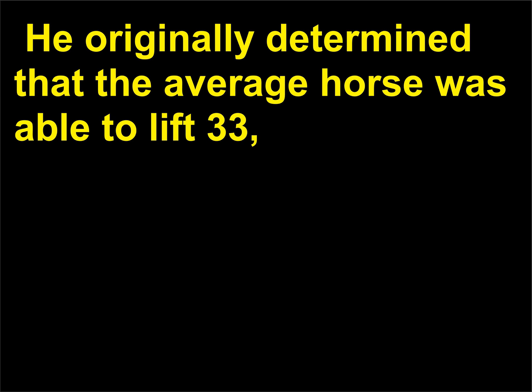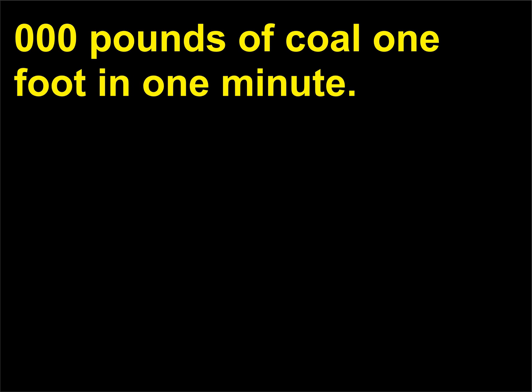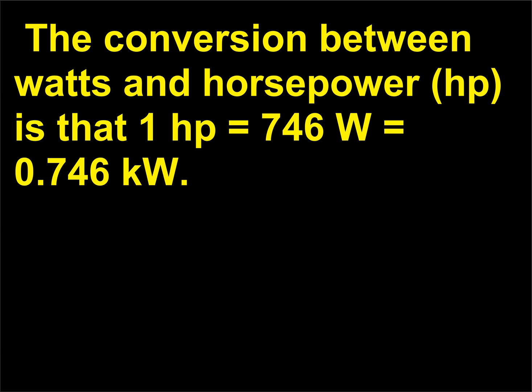He originally determined that the average horse was able to lift 33,000 pounds of coal 1 foot in 1 minute. The conversion between watts and horsepower, HP, is that 1 HP equals 746 W equals 0.746 kilowatts.